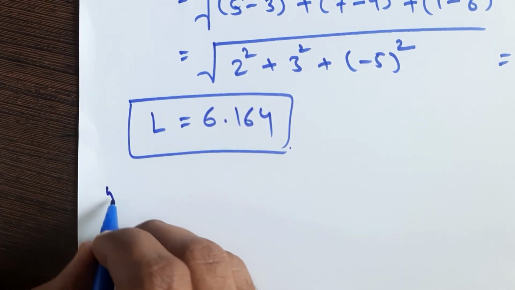Then the fourth thing is the unit vector in the direction of line.